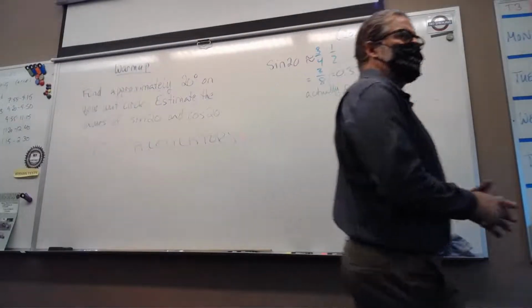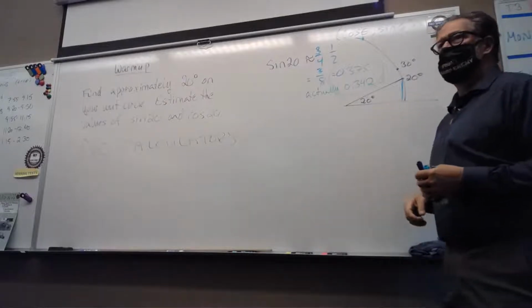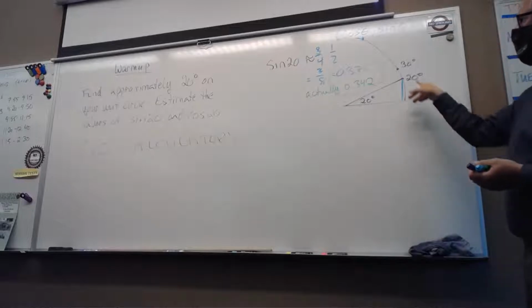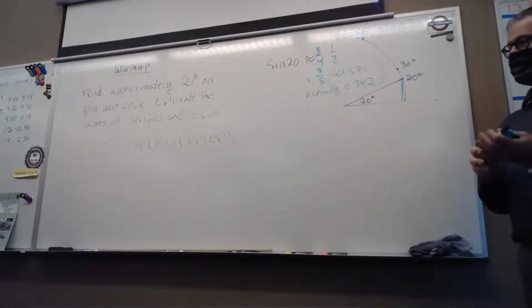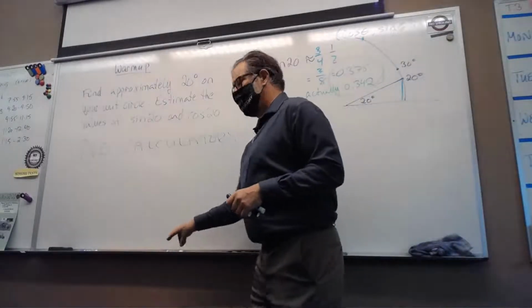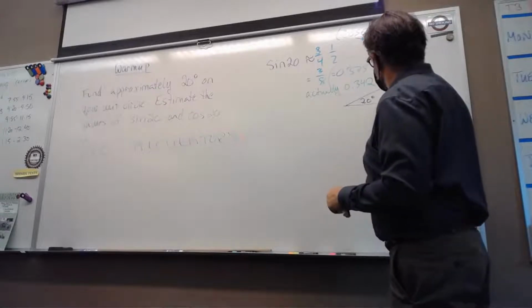Cosine of 20, which you have not checked in your calculator yet, because you wouldn't do that. Macia, estimate. First off, where do I find the cosine of 20 here? Good. Right here, cosine.